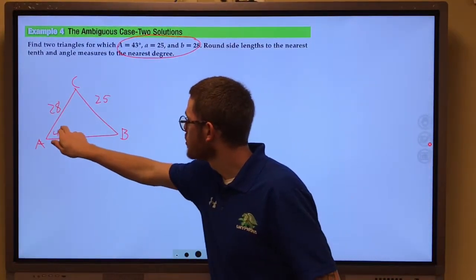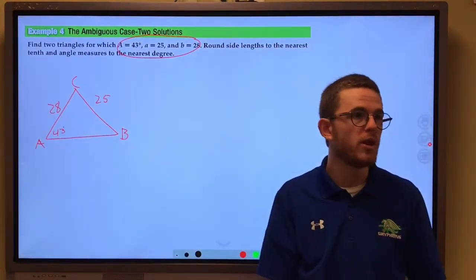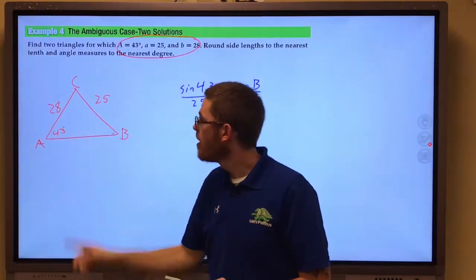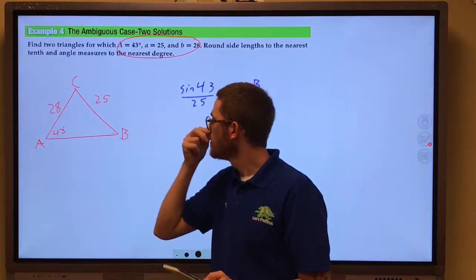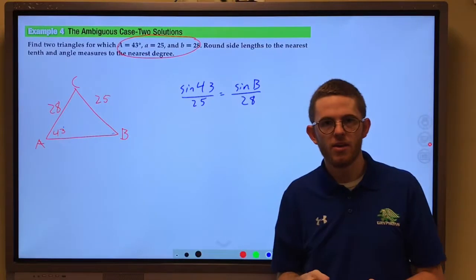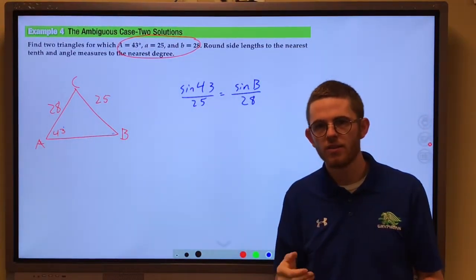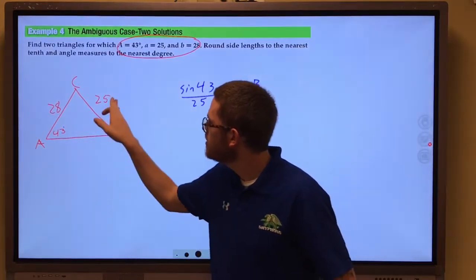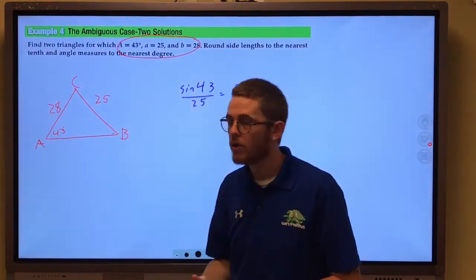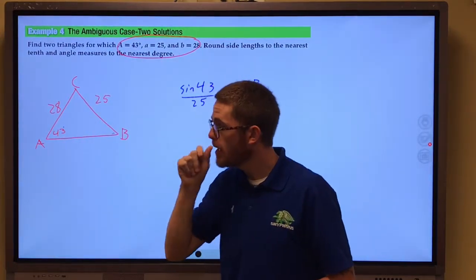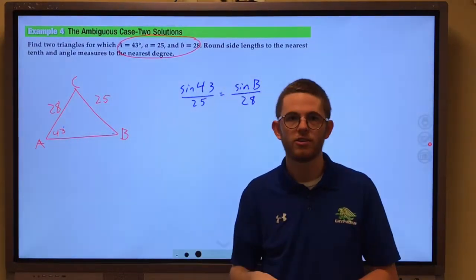To have two possible triangles, we have to be given an acute angle to begin with. The angle we've been given, opposite that angle, is a value smaller than the side length that's opposite the angle that we're looking for. In this situation, we're given an acute angle, and the side opposite our acute angle is smaller than the other side.